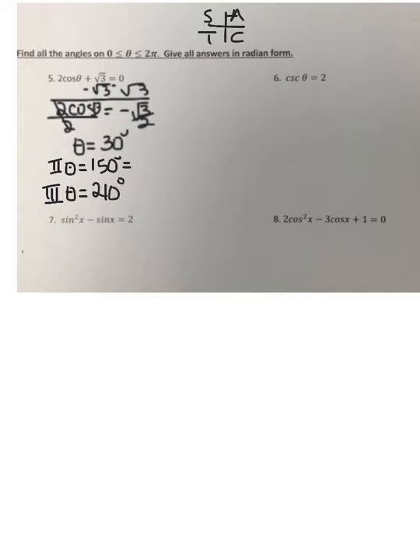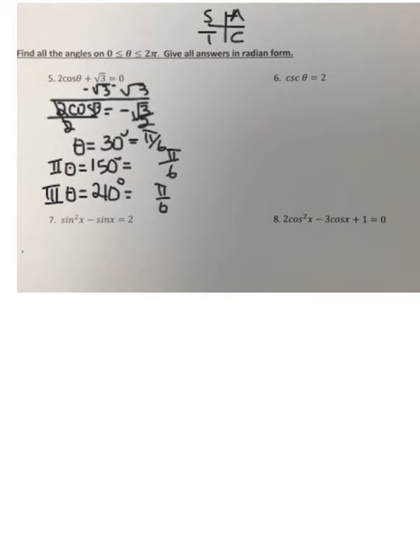Now, the directions tell you that you have to put things in radians. So I know that 30 is pi over 6. So I know 150 and 210 are multiples of that. So I know I'm going to have some kind of a pi over 6, and the same thing here, some kind of a pi over 6.